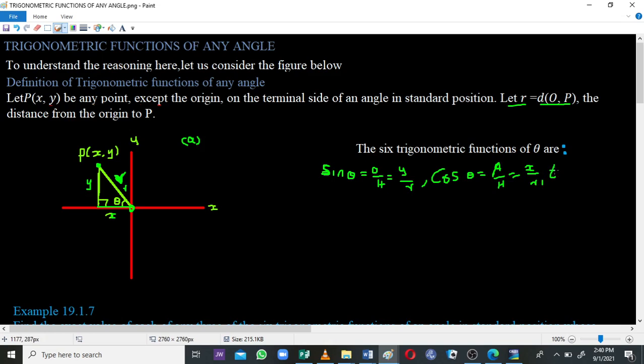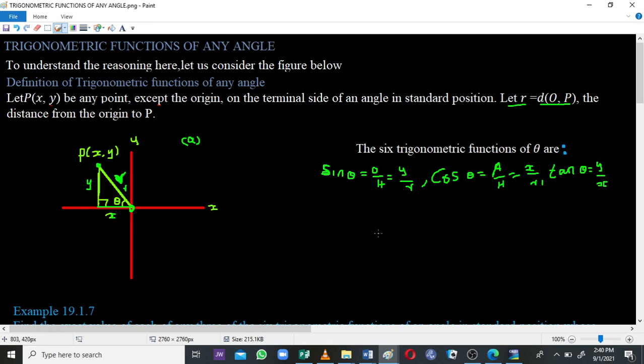Now we also have tan. Tan theta is opposite over adjacent, which is y over x.